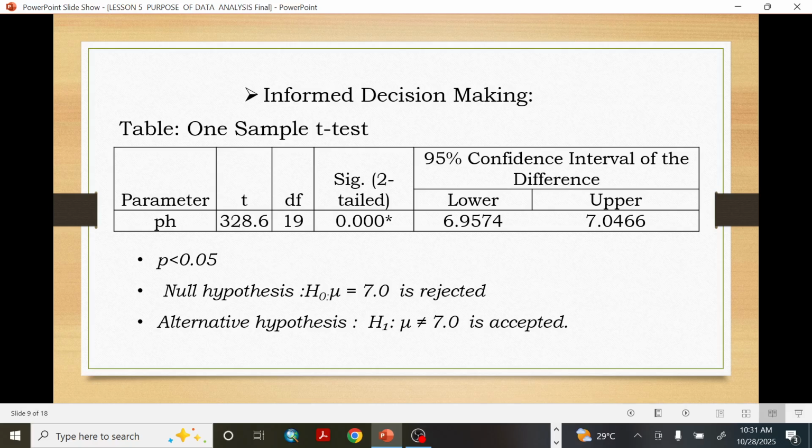So this alternative hypothesis will be accepted, and in this case, the legislation will have to do something about the company, for example, by imposing sanctions or fines so that they produce drinking water which is actually meeting the description for drinking water.